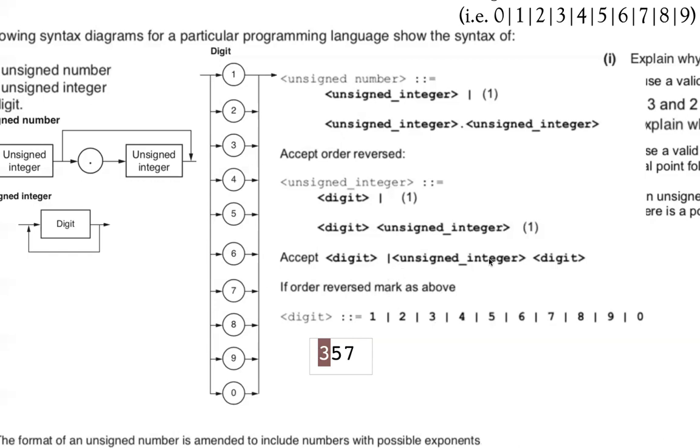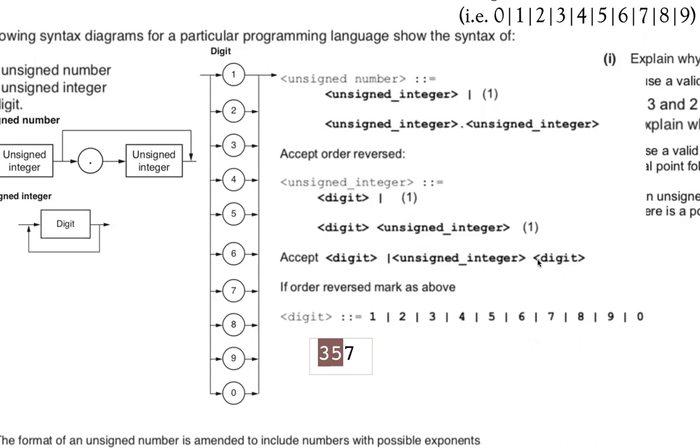But the second option of my rule states that an unsigned integer can be followed by a digit. I just established that 3 is an unsigned integer because it satisfies the first part of the rule. It is a digit and the digit definition has 3 in it. And since this is an unsigned integer, the second part of the rule says that there can be a digit after it. In which case, the unsigned integer 3 is followed by a digit, which I think 5 should be.